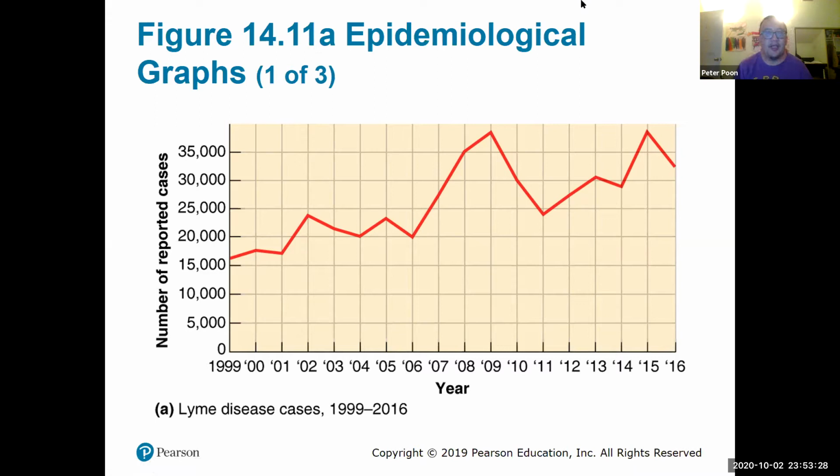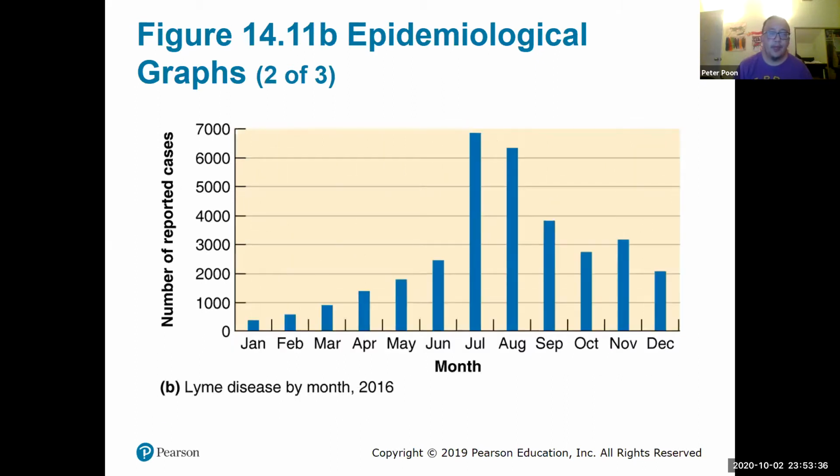So with Lyme disease, you can see cases are steadily increasing. Lyme disease by month tells you information, right? The most important thing it tells you is that the summer months are when you're more likely to get Lyme disease. The reason is you're more likely to be outside, and grass grows tall in the summer months, especially in Connecticut, where Lyme, Connecticut is.